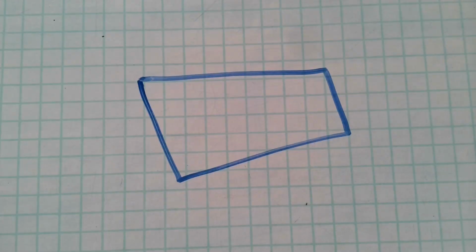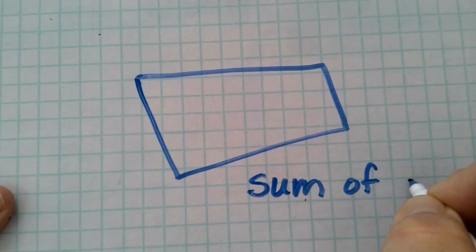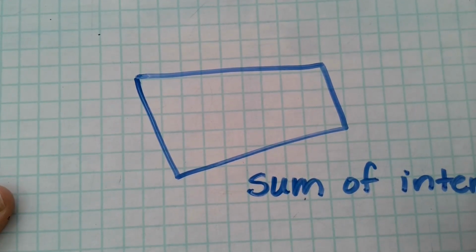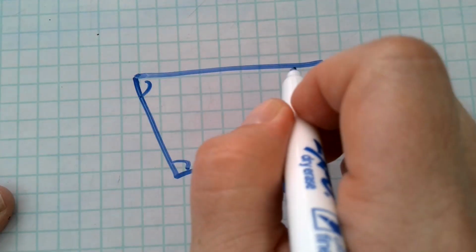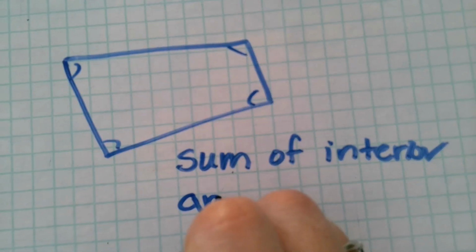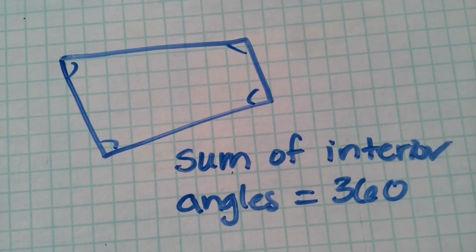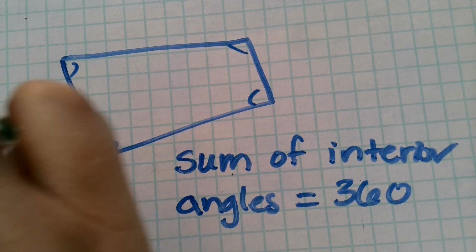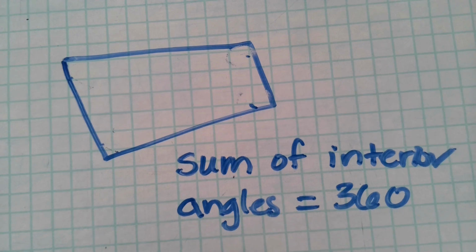Good job. Now, if you have any quadrilateral, the thing to know is that the sum of the interior angles, which would be like this, this, this, and this, is always equal to 360 degrees. So if you have a situation where they have told you 3 of the angle measures, you can find the other one.